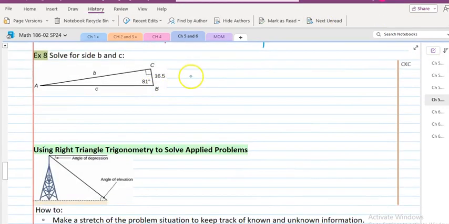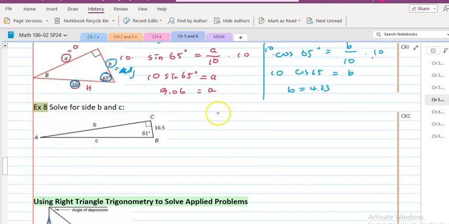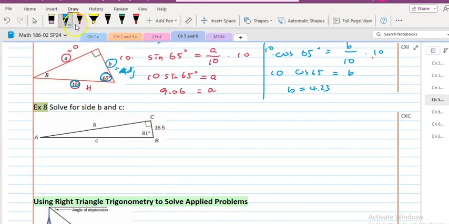I have another one. Okay, so I know this angle and I need BC. This is the one that I know, so I'm going to circle this. This is always an A, right? Because it's adjacent to it.